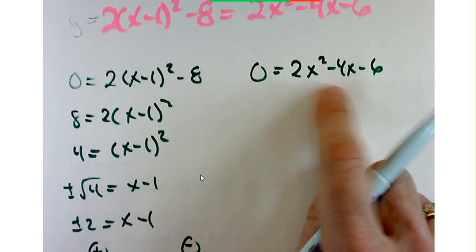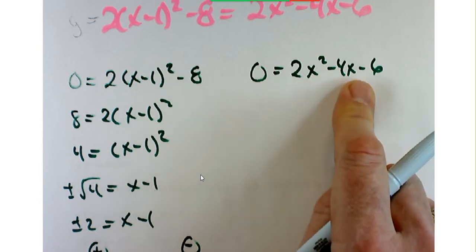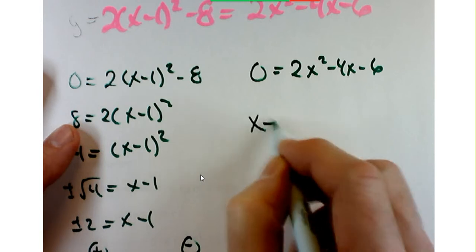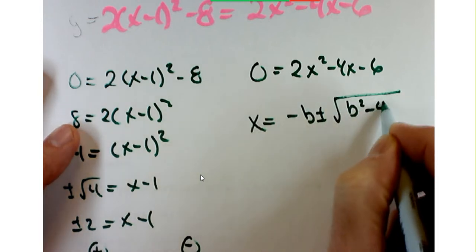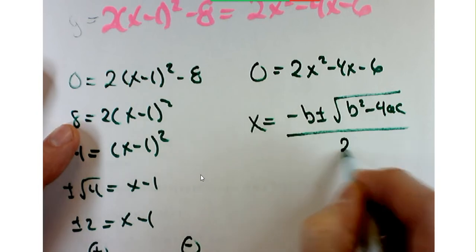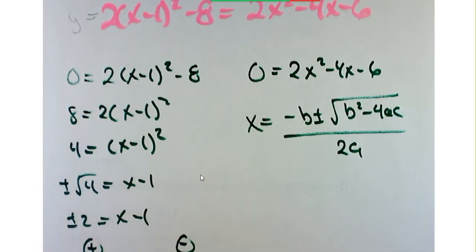Quadratic formula. You could use the quadratic formula right here. It would work. Kind of a lot of work, but I'll write it down just for you guys to have it. This is probably another really good thing to know for the final exam, and expect at least one problem with imaginary roots.